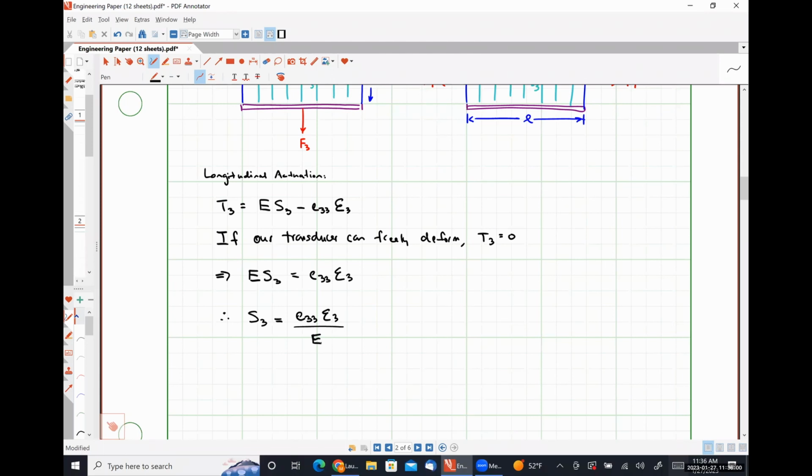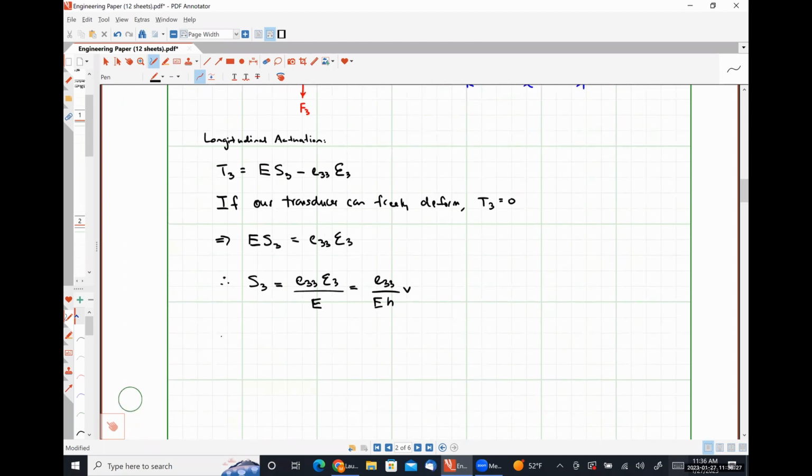Well, our electric field strength is nothing more than our applied voltage divided by the thickness of our actuator, where V is the voltage applied. If our strain is uniform, we'll have S3 is simply the change in H over H, which will be equal to E33 over EH times V.